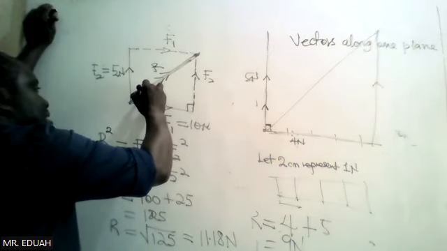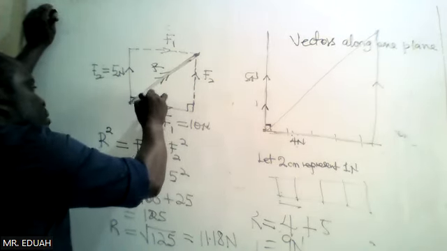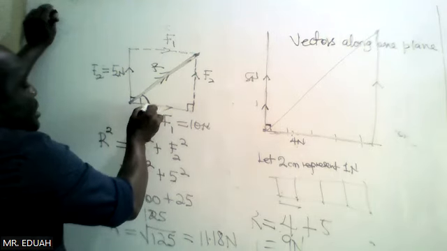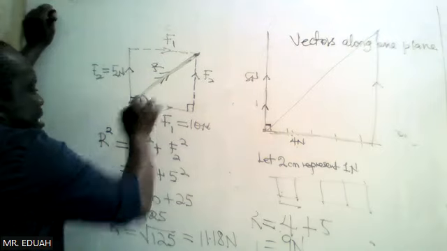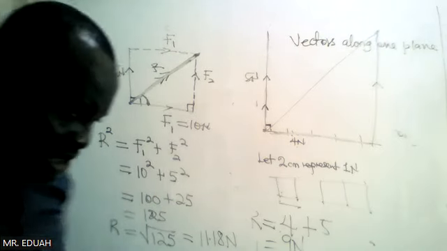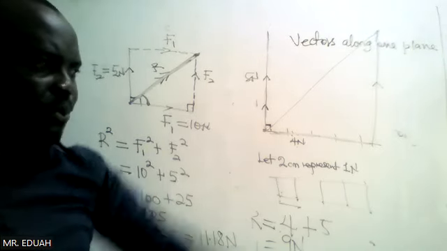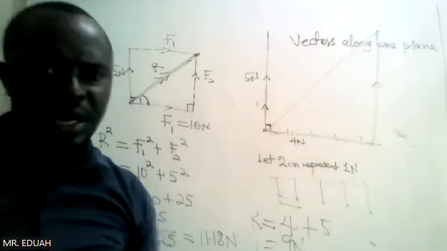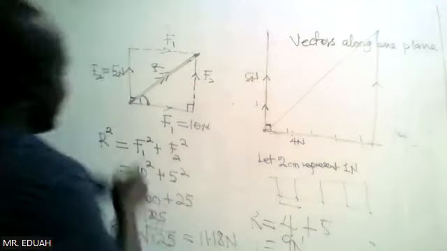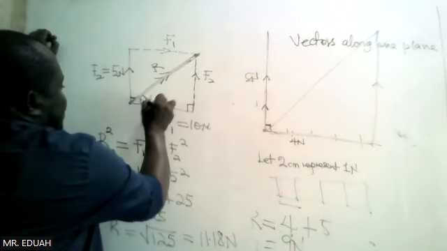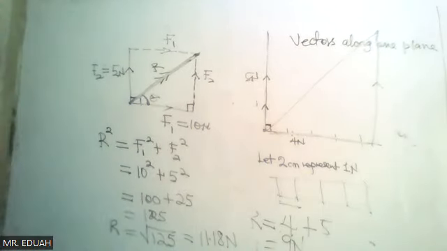The direction is the angle between the resultant and the x-axis. This is the direction. Because if I'm here and a point is here, all that I have to do to face it is turn through an angle. So when you determine this angle, you have the direction of the resultant.